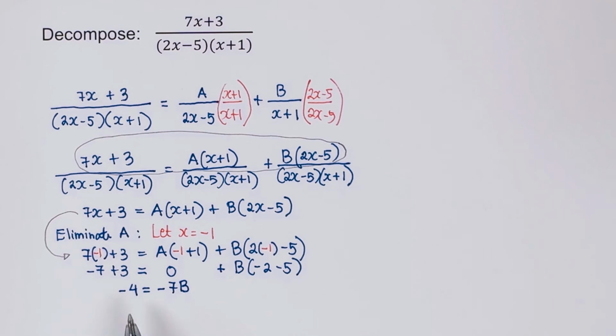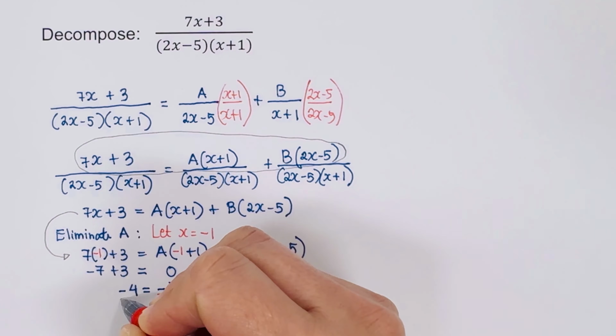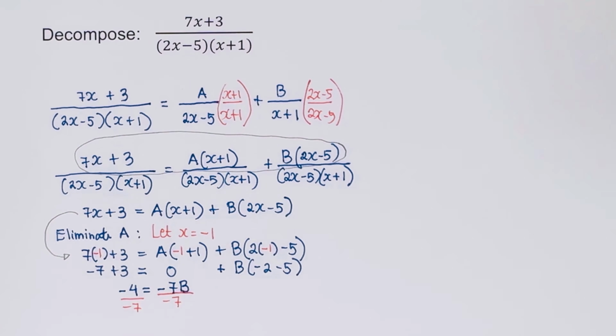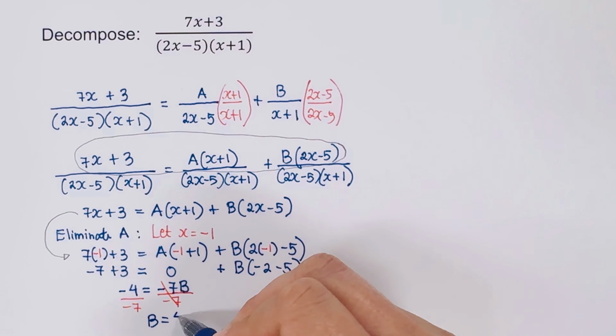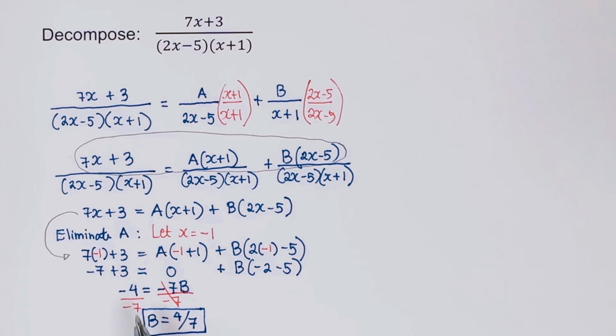So we get -4 equals -7B. Now we want to solve for B, so we divide both sides by -7. This tells us that our B is 4 over 7, and that is positive because both negatives make it a positive.